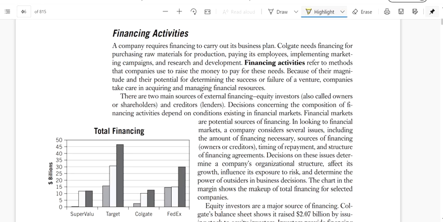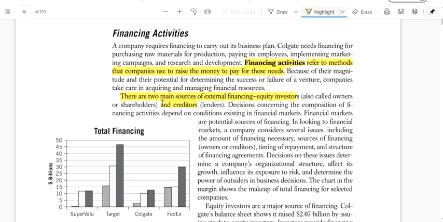Okay, so apa yang you perlu tahu this one. Okay, financing activities refers to methods that companies use to raise the money to pay for their needs. Okay, and there are two main sources of external financing, equity investors and creditors.